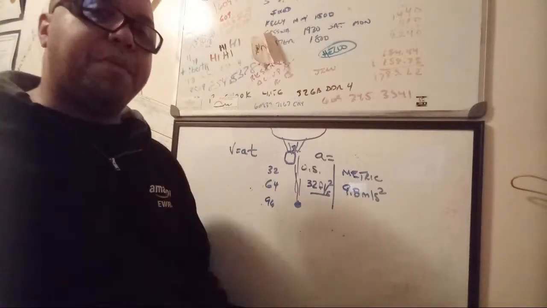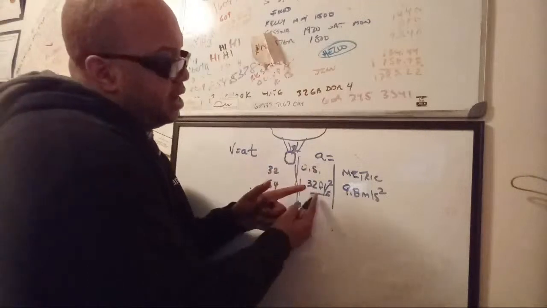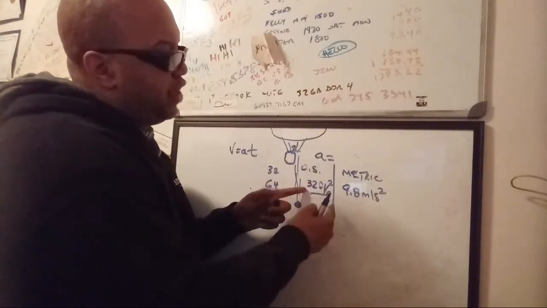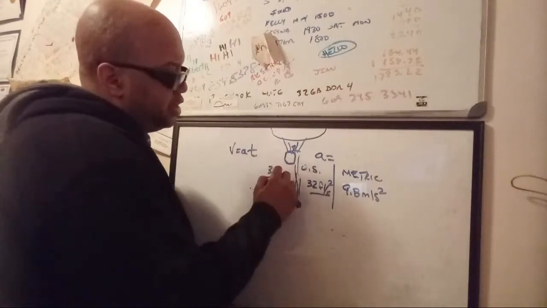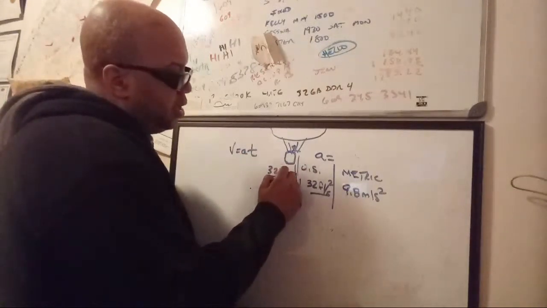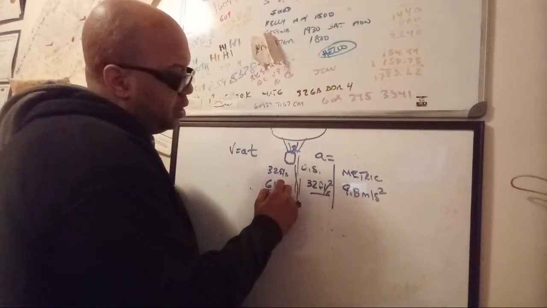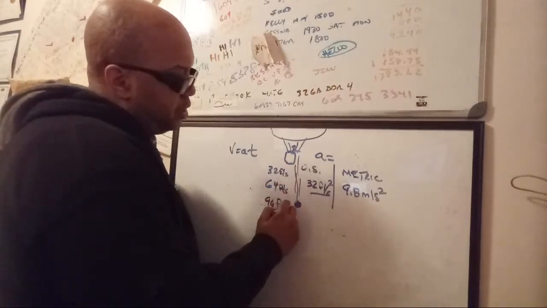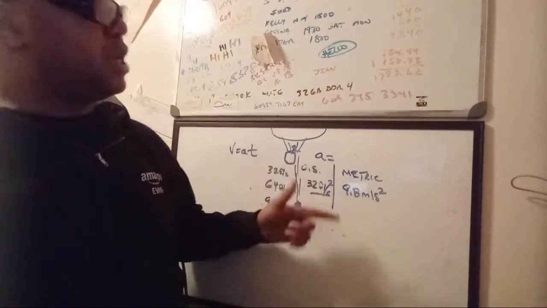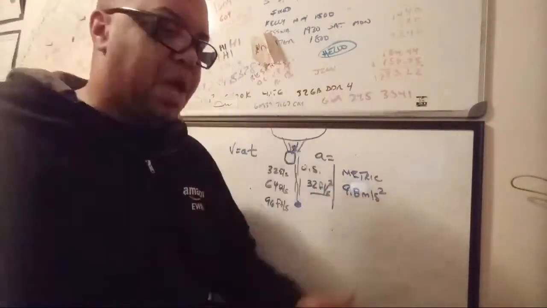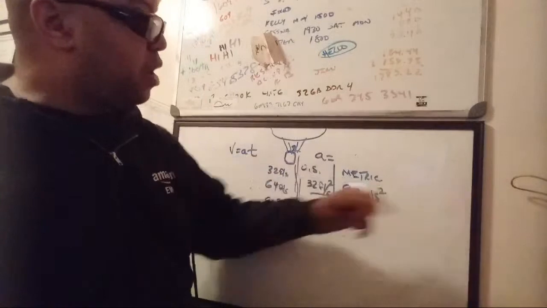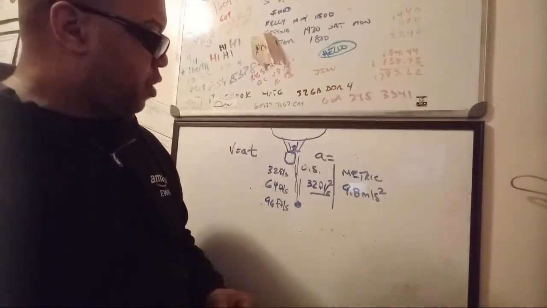Keep in mind, I told you the acceleration is 32 feet per second squared, but when we talk about velocity, it's just feet per second. Feet per second squared should automatically trigger in your mind that we're talking about acceleration, something falling vertically.